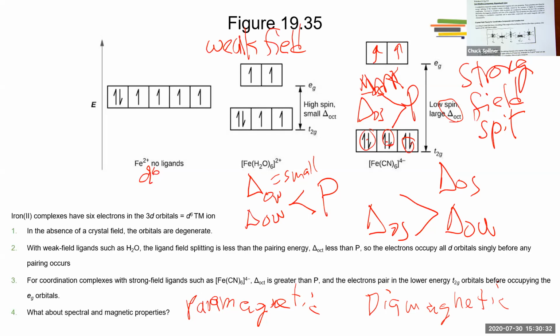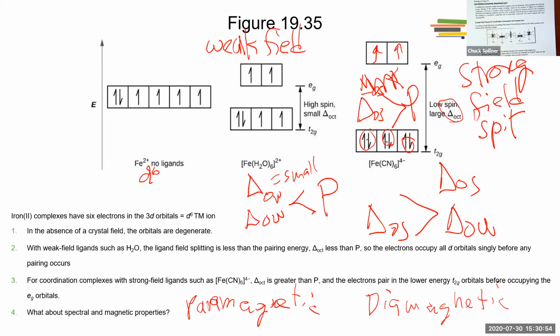Ions where all of the d electrons are paired up, where there are 0 unpaired electrons, like this FeCN6 in the strong field case on the right, are diamagnetic. So diamagnetic requires all electrons to be paired up or no electrons.